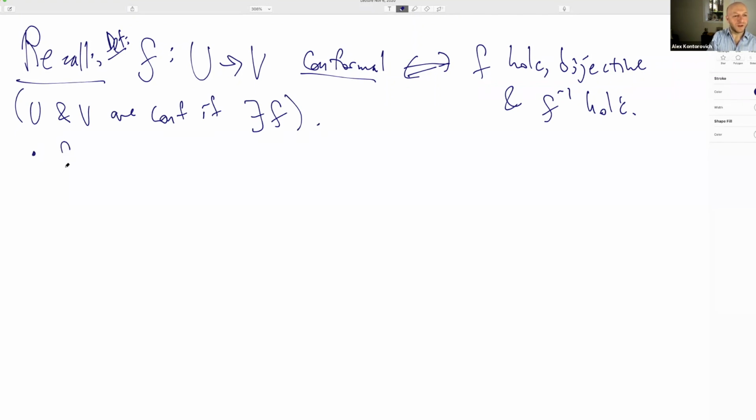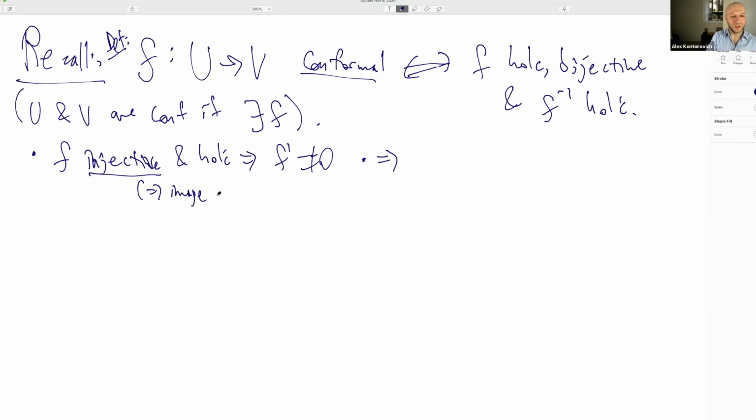And then we proved that if F is injective and holomorphic, then the derivative doesn't vanish. And we proved that that implies, so if it's injective, well, its image is open. If you had a function from U to some other place, well, it's not reaching anything other than the image of F, in other words, F of U, whatever the domain was.